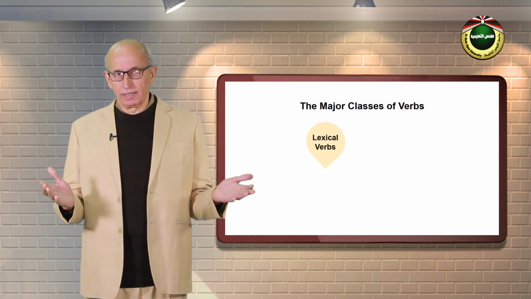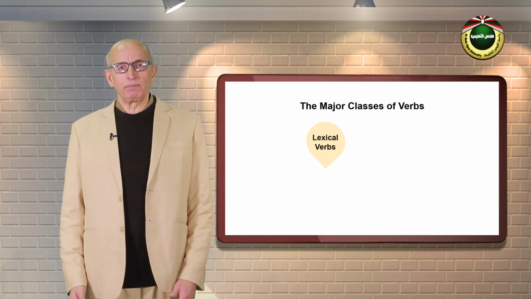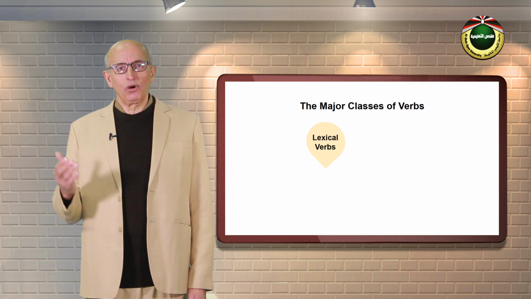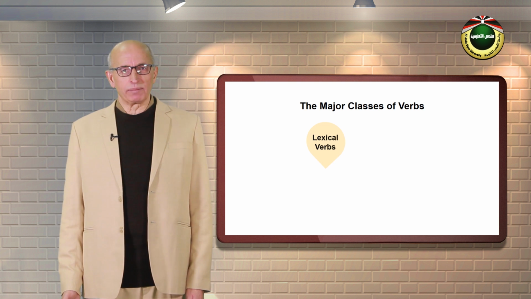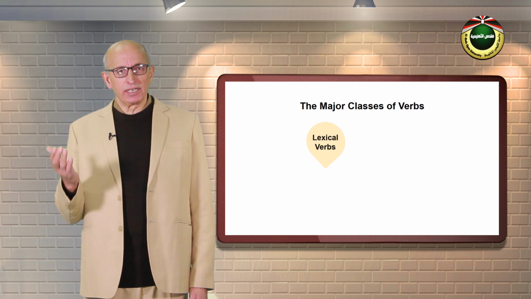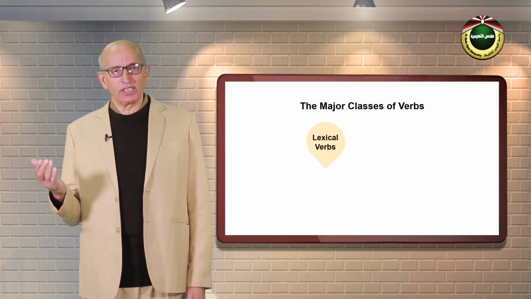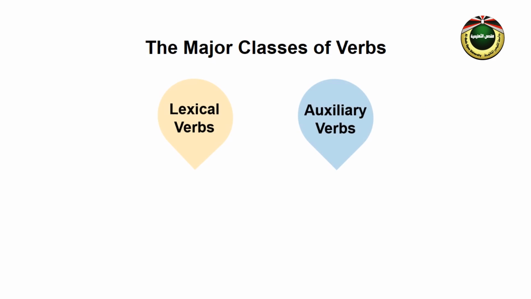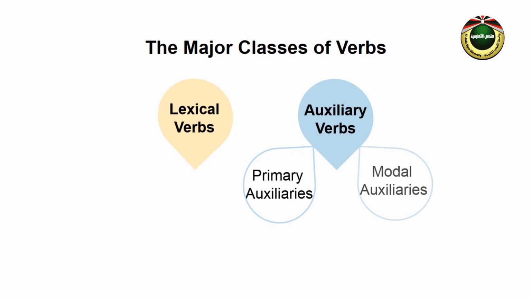By the end of this meeting, let me sum up the most important points we have discussed today. We have talked about the major classes of verbs. There are lexical verbs which have specific meanings such as walk, read, sleep, etc. There are also auxiliary verbs, and those are divided into 2 categories, which are primary auxiliaries and modal auxiliaries.